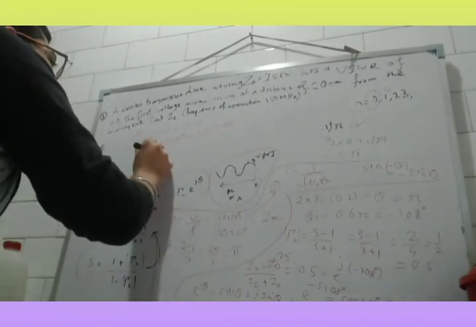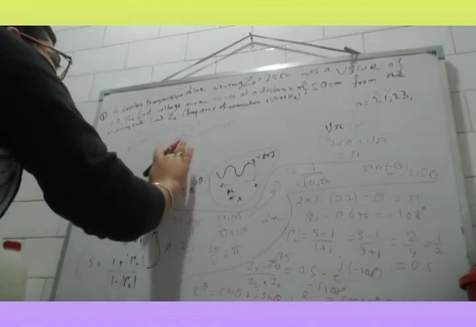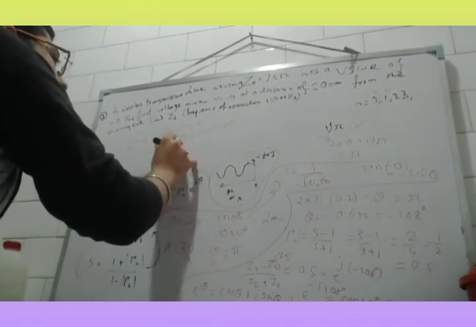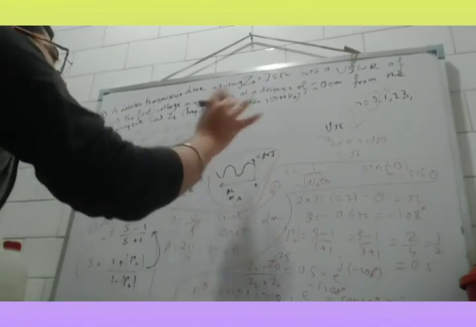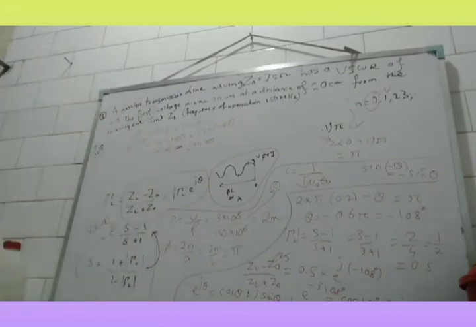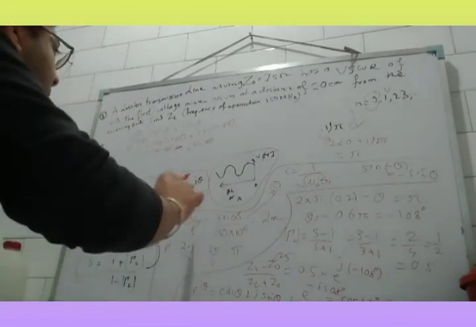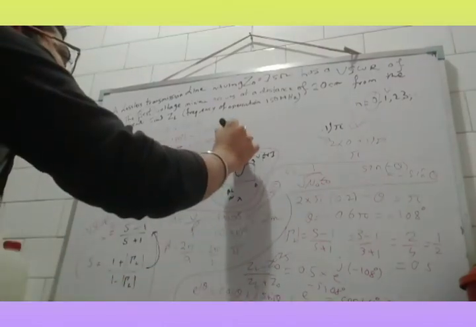So this will be basically cos 180 degree minus j sin 180 degree. Okay, now you can calculate what this value will be. Put this value in this equation. Now you can calculate this ZL.